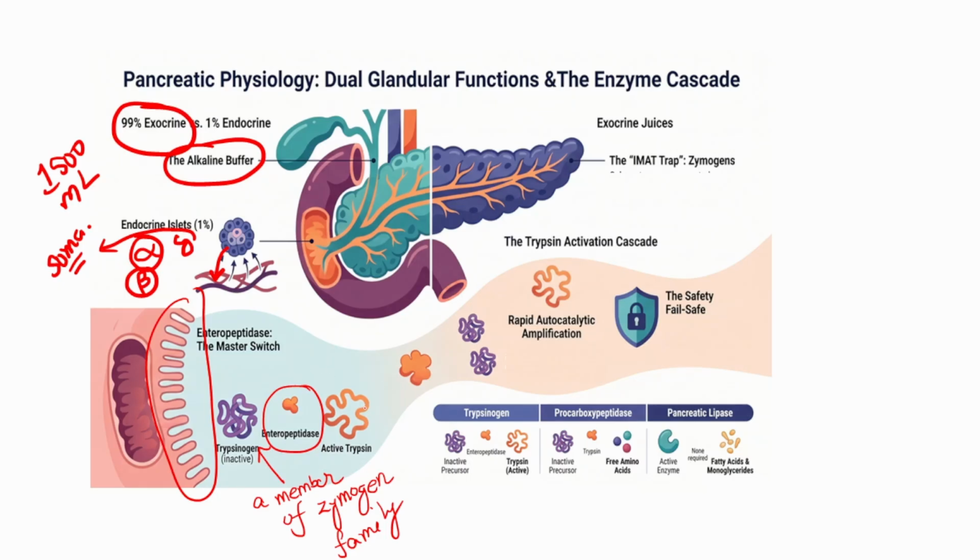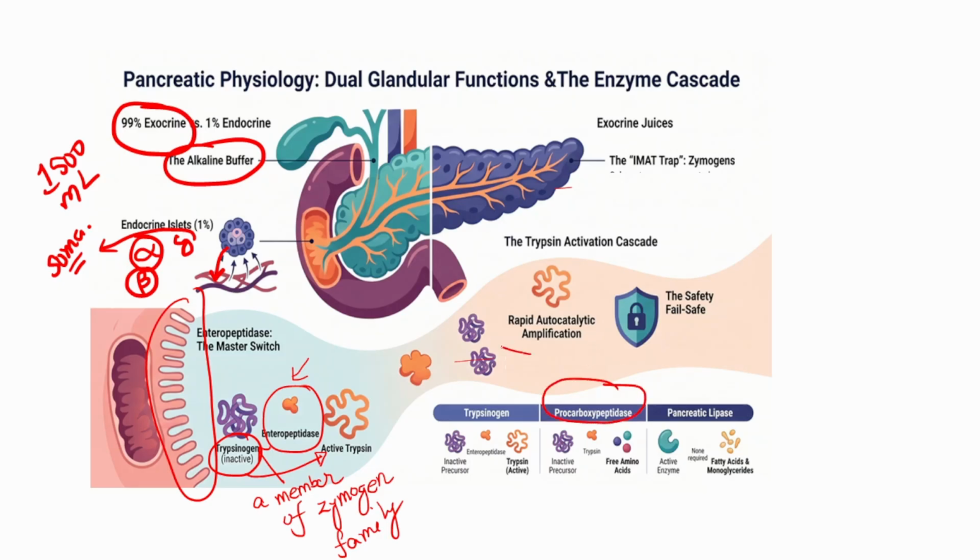In step 1, the inactive precursor trypsinogen encounters enteropeptidase, and this enteropeptidase converts the trypsinogen into active trypsin. In step 2, active trypsin coordinates a rapid chain reaction, acting as the universal activator that cleaves pro-carboxypeptidase.